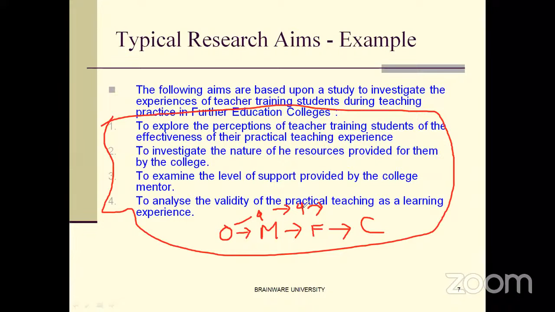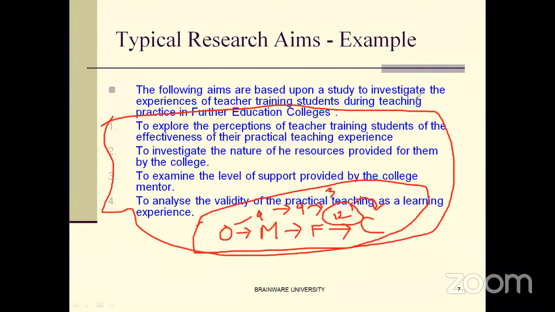Suppose for each objective there are 3 findings. That means there are 12 findings, and from these 12 findings combined we have to arrive at the final conclusion. So we deal in such a way in commerce and management theses, but you may deal with it in a different manner.